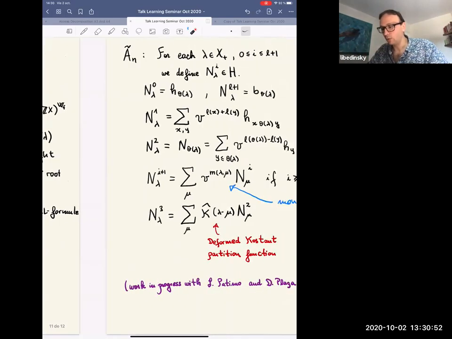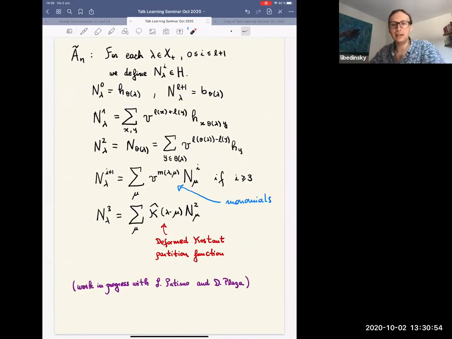So we knew that in A_n tilde, it's an open problem to write down the canonical basis in terms of the n's, of the n of y.